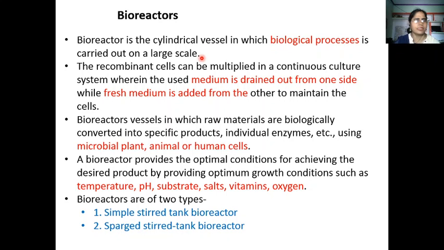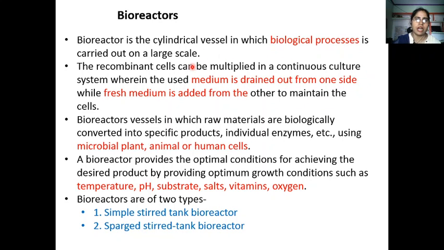It's just a vessel, and you can compare the bioreactor with the flask that is used in the lab, and the bioreactor is used for producing different types of products. So now it's clear.